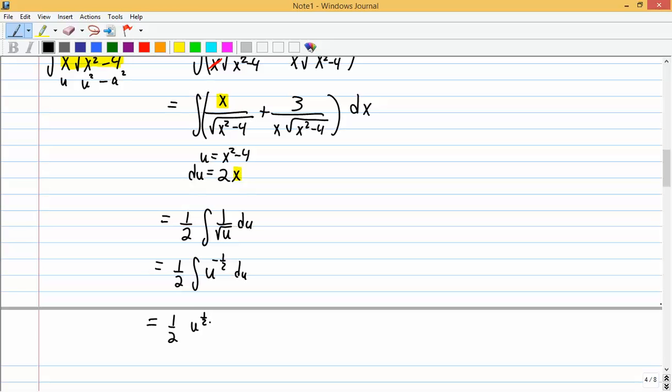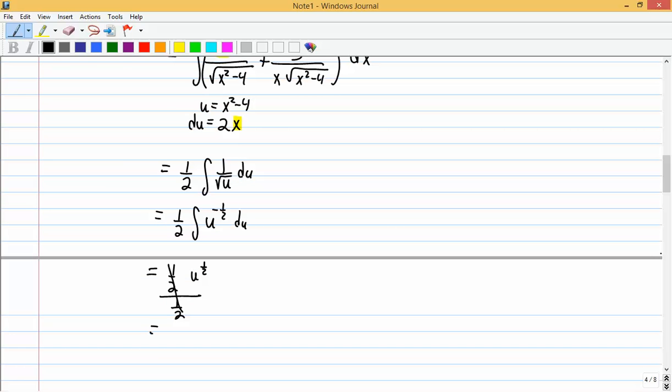Divide by that power, so you're multiplying by 2 over 1, or if you divide by 1/2, those cancel out. And so all I have to do is plug my u back in. So I've worked out the first part of this integral. It is simply x squared minus 4 to the 1/2 power, or you could say the square root of x squared minus 4.